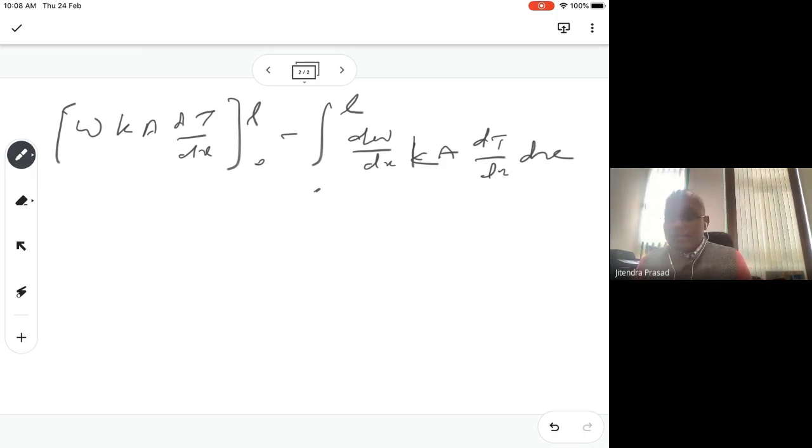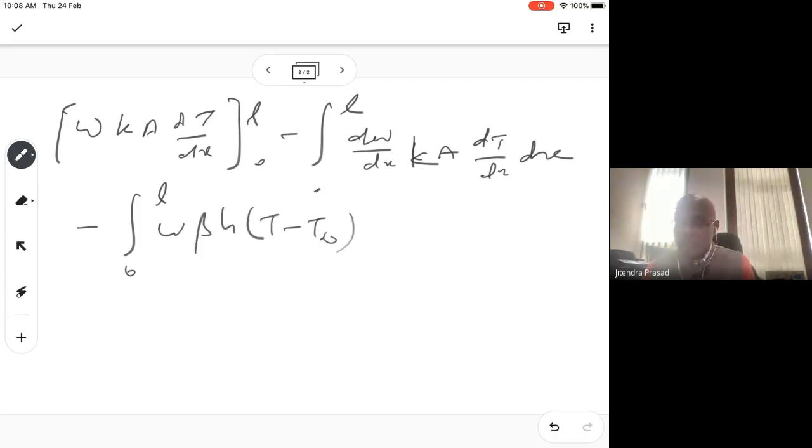Done. And then you have minus the integral from 0 to L of W beta h (T minus T infinity) dx equal to 0.